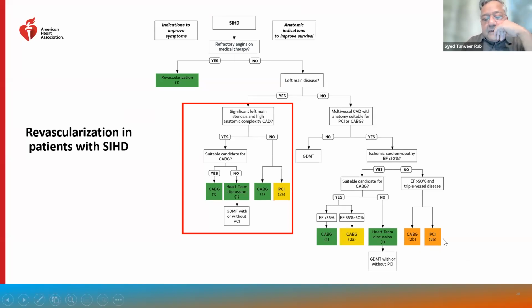So based on more recent trials such as ISCHEMIA, etc., and COURAGE, we came to the conclusion that for people with normal EF and triple vessel disease, both CABG and PCI are equivalent options, giving them a class 2B recommendation, where the initial therapy approach should still be guideline-directed medical therapy, just because medical therapy has gotten so good with statins, P2Y12 inhibitors, beta blockers, nitrates, etc.